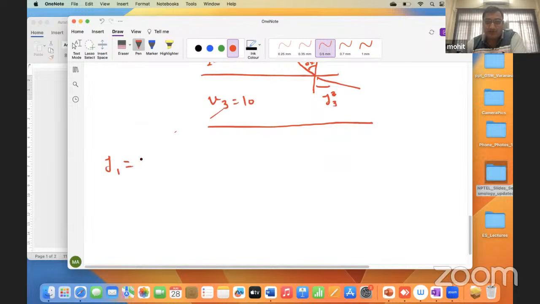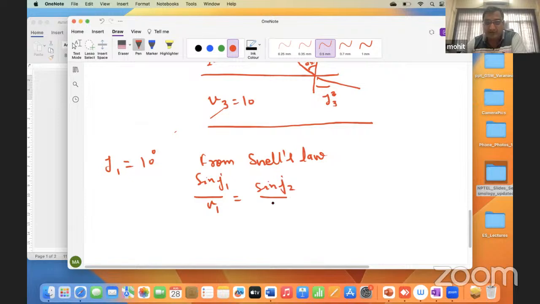So what we are given is j1 equal to 10 degrees, and we know from Snell's law, sine of j1 divided by the corresponding layer's velocity v1 is equal to sine of j2 divided by v2.